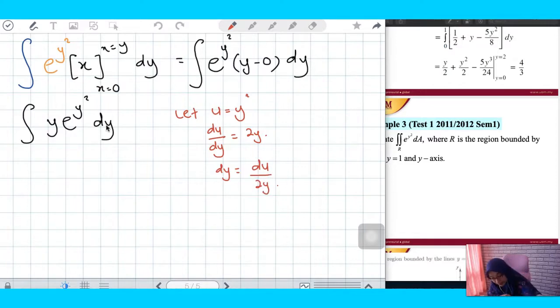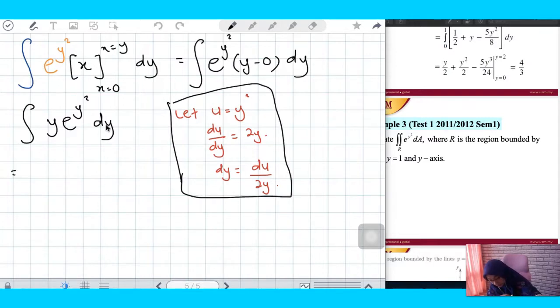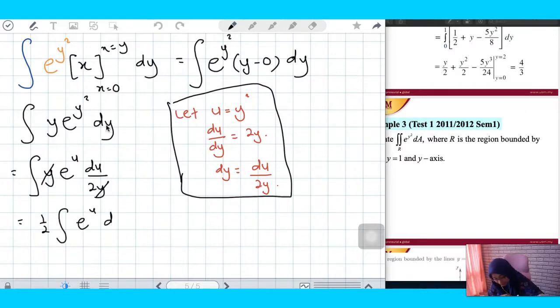Now you replace back whatever that you have here. We want to replace inside the integral. So y e^u and dy is du over 2y. Then we can see that the y can be cancelled out, and you can have a very simple expression now, just e^u du.